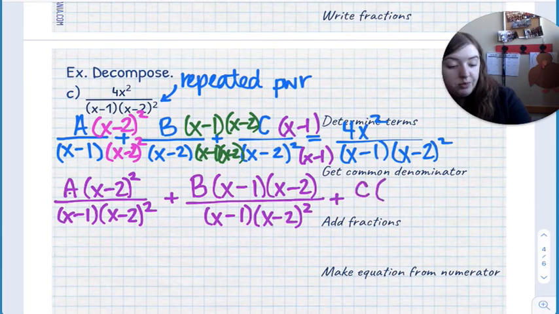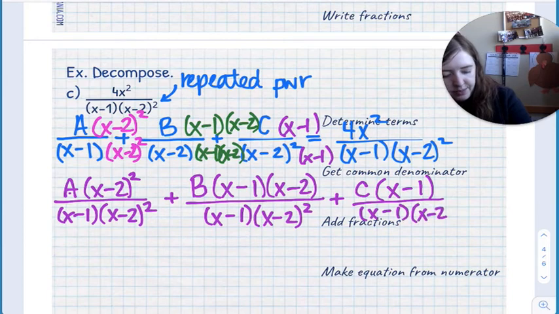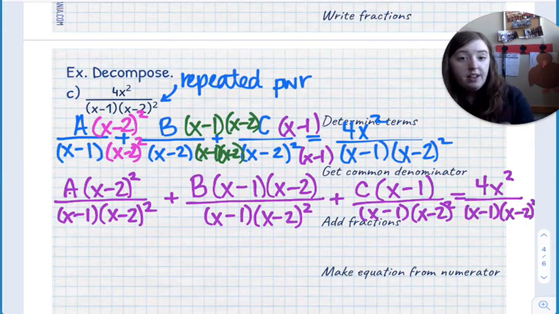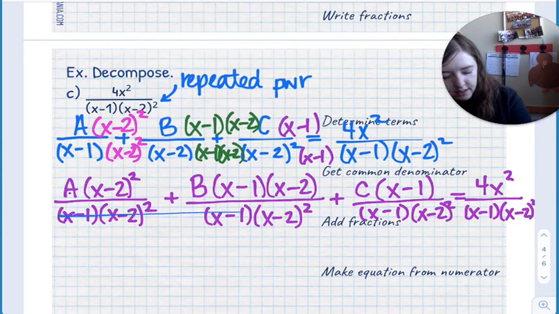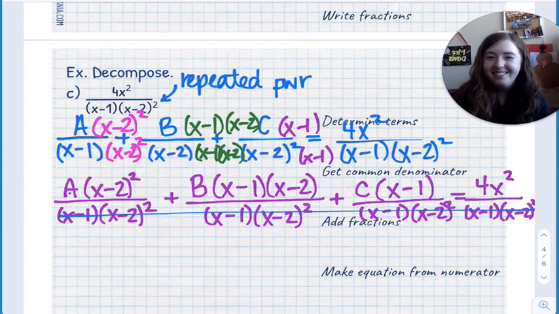And then C will be multiplied times all of x minus 1 over x minus 1, x minus 2 squared. And that will be equal to 4x squared over x minus 1, x minus 2 squared. So now that I have all of the same denominator, I'm going to ignore it.